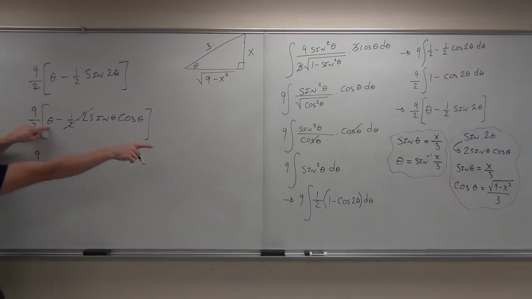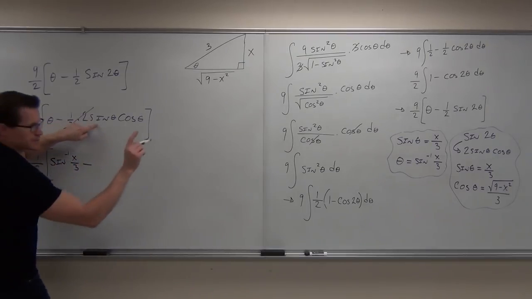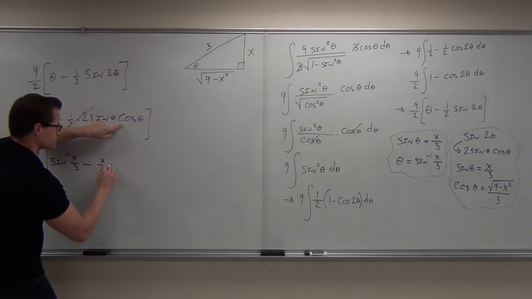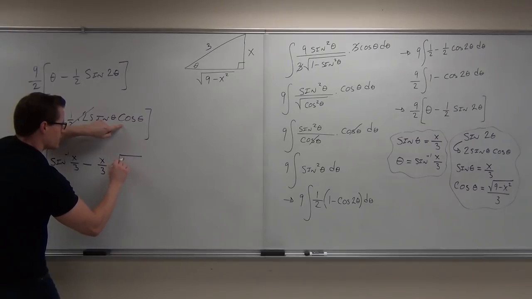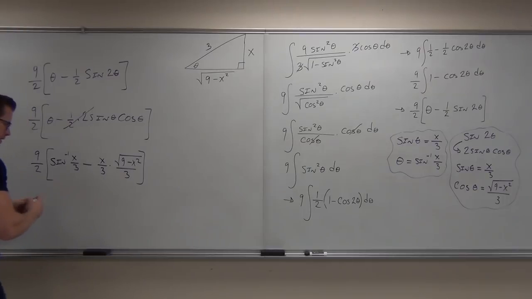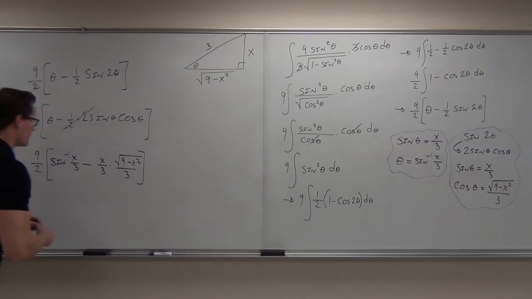Theta is sine inverse x over 3 minus sine was x over 3, cosine was square root of 9 minus x squared over 3. We'll make it just a little bit nicer looking here.